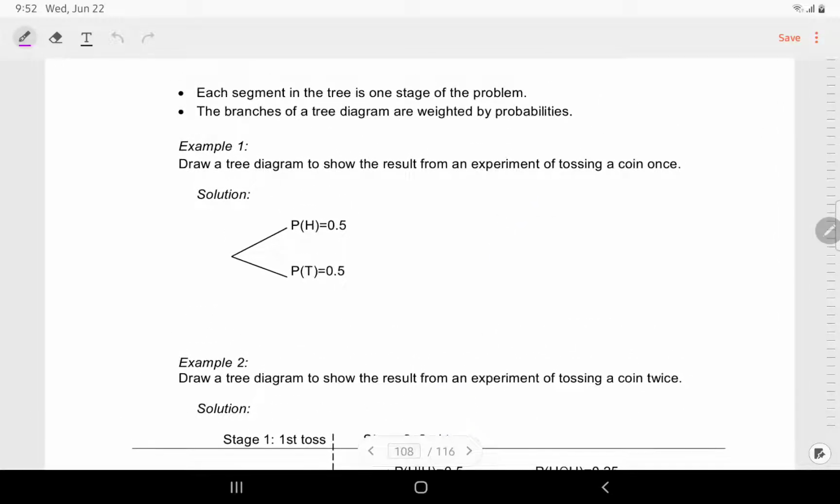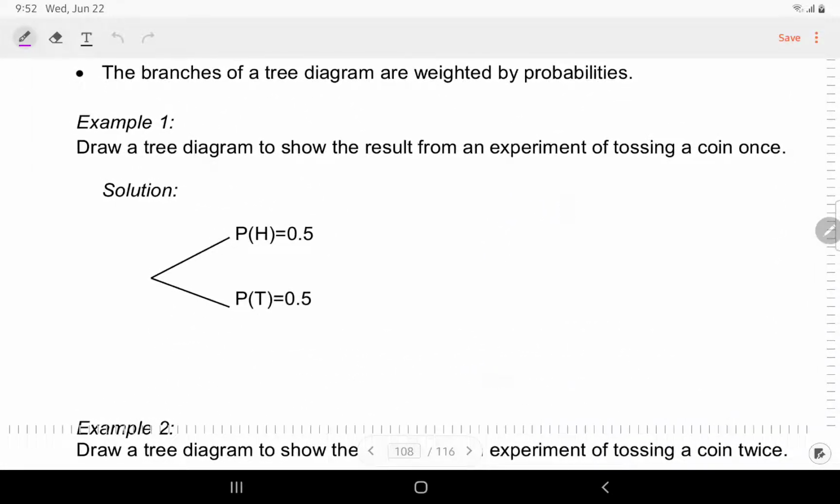Okay, example. Draw a tree diagram to show the result from an experiment of tossing a coin once. Baca betul-betul, soalan ni ada berapa event? Ada satu event saja, iaitu tossing a coin once. Okay, so dekat sini kita ada satu segmen saja. Okay, because we have only one event, which is tossing a coin once. So kita punya tree ni hanya ada satu segmen lah, iaitu ada dua branch.